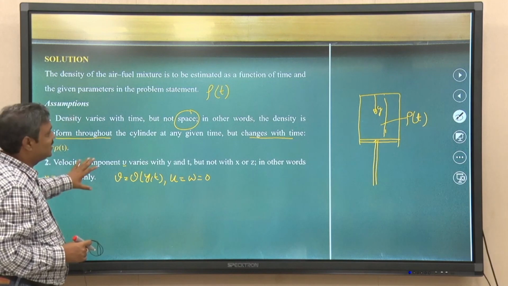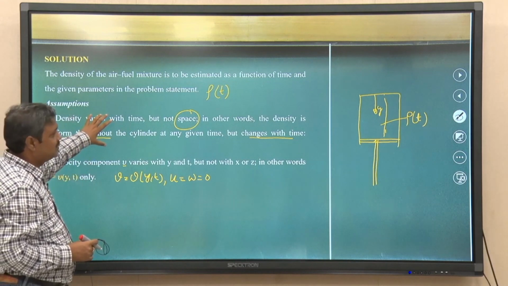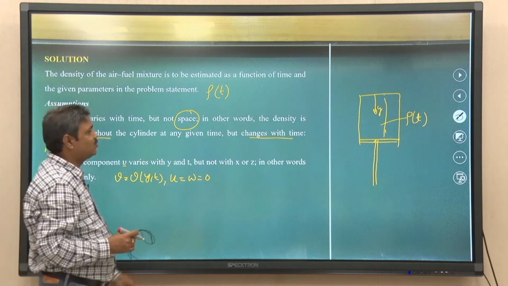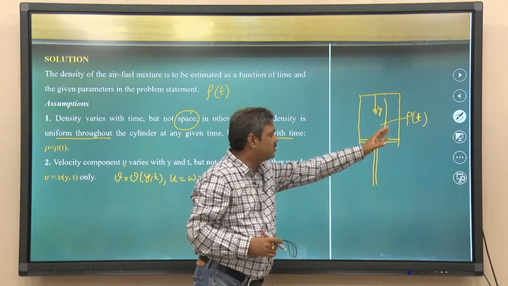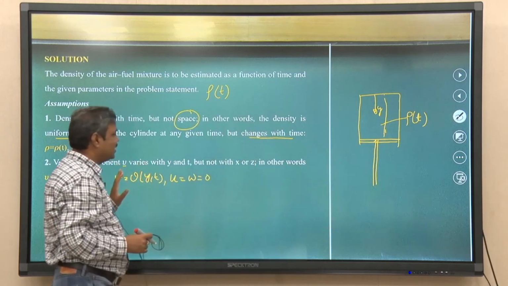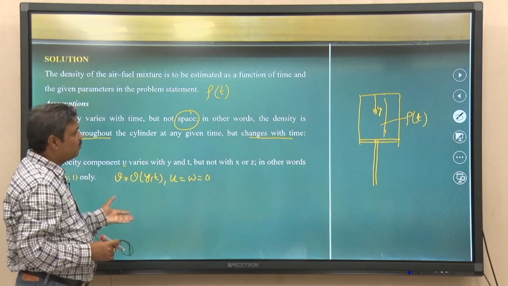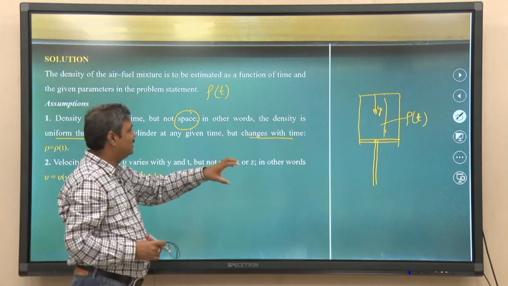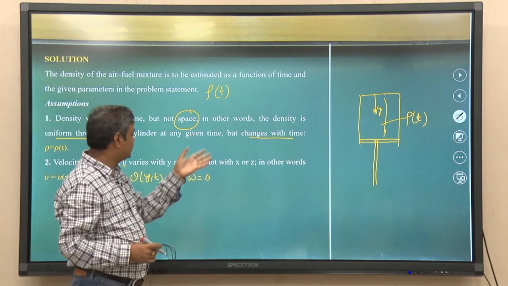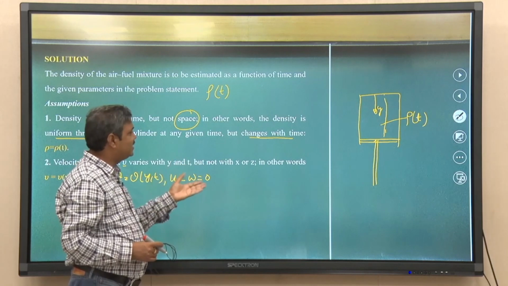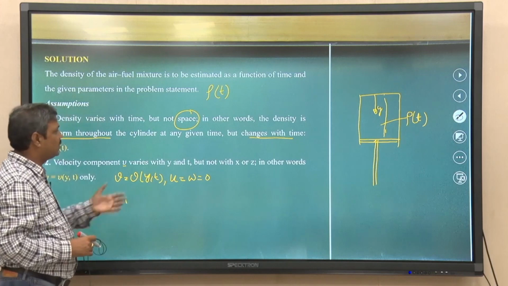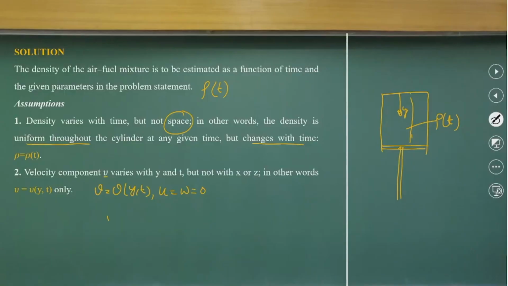So we have two assumptions: density is only a function of time, and only the v component is a function of y and t.